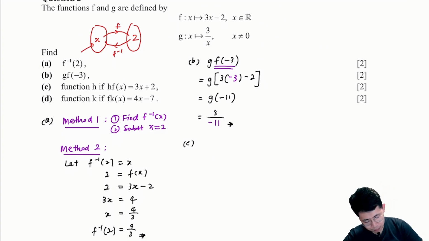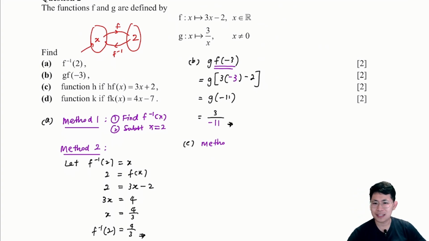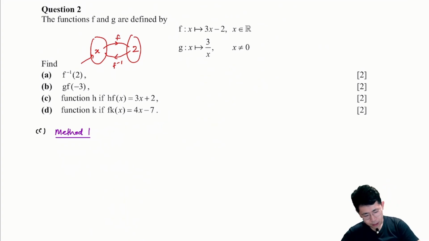Okay, now for part C, this is very interesting. Let me clear this board over here first. So method 1 is to make use of the property where f of f inverse of x equals f inverse of f of x equals just x.